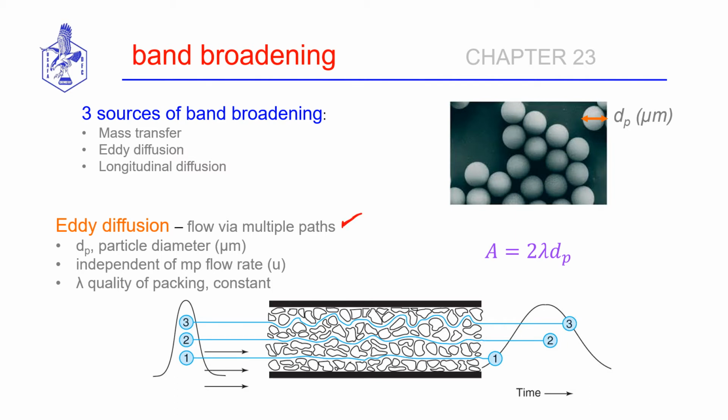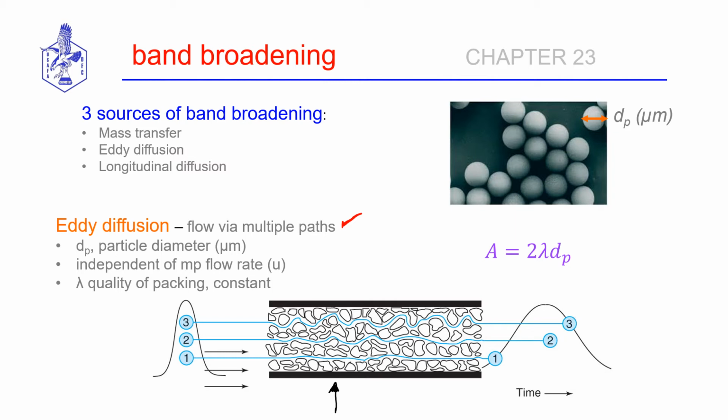So once again, if you consider a packed column of silica particles such as illustrated here, and this one illustrates particles that are not spherical, so you can see the problem that it's going to create for different paths.